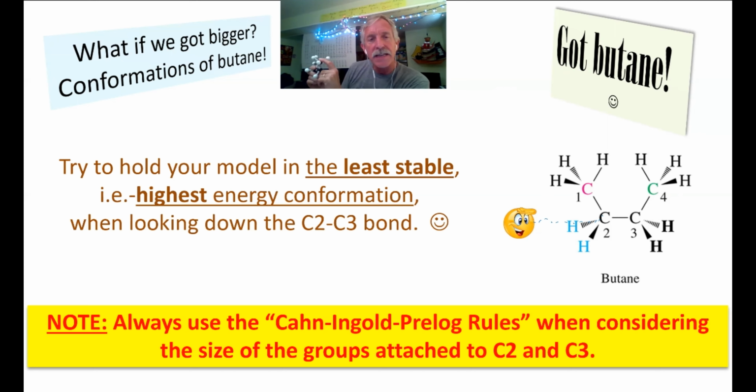Therefore, this carbon has a higher priority. And please try to not make this eclipsed. This carbon cannot be eclipsed. That would be bad. If you happen to eclipse some hydrogens, not great, but better than eclipsing carbons. Okay, let's see what you came up with.